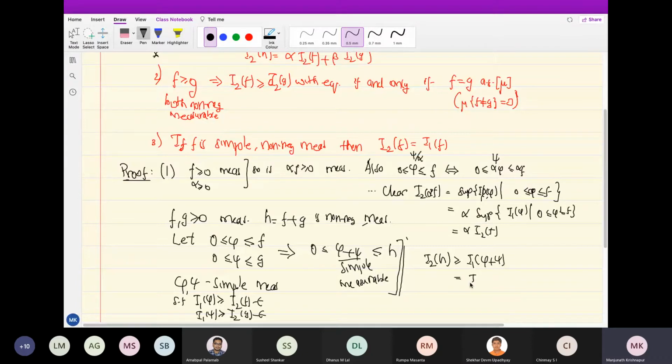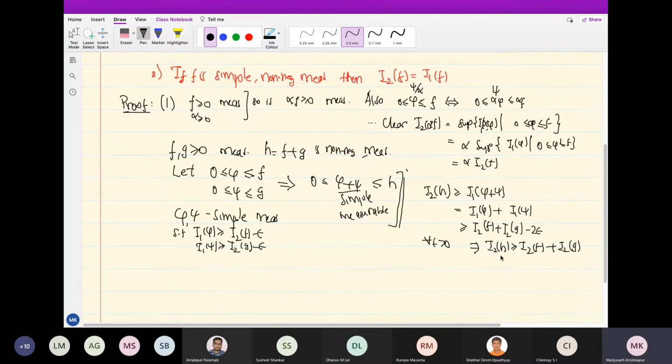But since we know the additivity of I1, that is I1 of phi plus I1 of psi, we know this is greater than or equal to I2 of f plus I2 of g minus 2 epsilon. This is true for all positive epsilon. So I2 of h is greater than or equal to I2 of f plus I2 of g. Okay, so this is what we get.